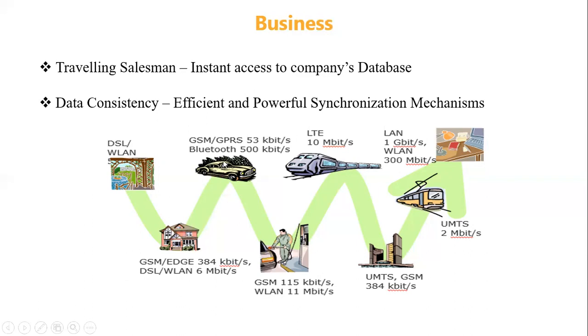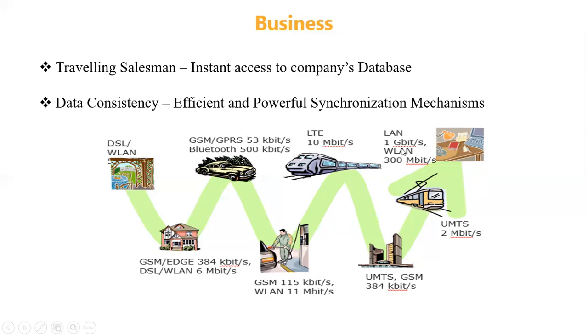Then he goes to the gas station for filling gas. Maybe the gas station may provide some service like GSM or WLAN service which the customer can avail. And then probably he may take a train and go from one city to another city. In the train also he may get internet services through technologies like LTE, long term evolution. And finally he reaches his office.